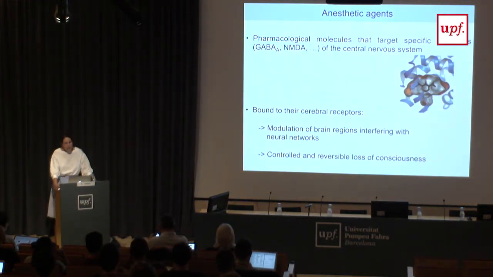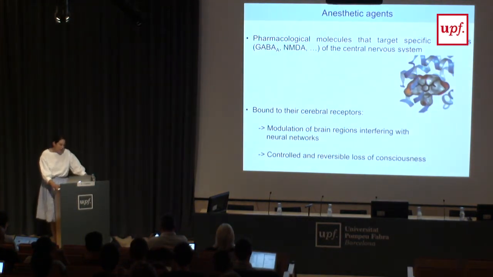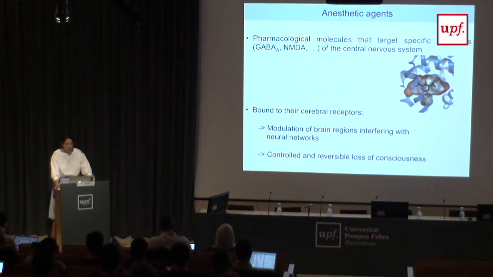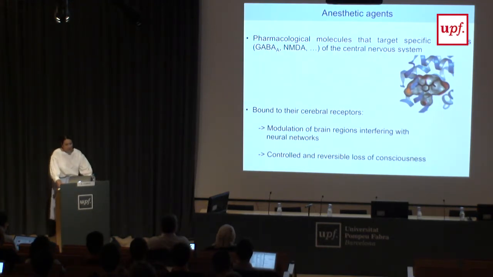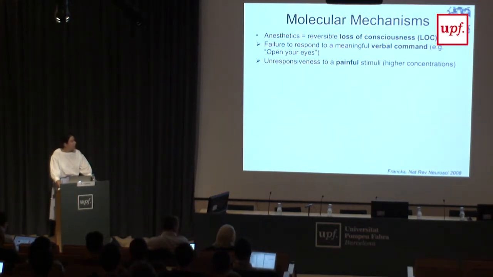What is quite well known is the molecular mechanisms of the anesthetics. So anesthetics are pharmacological agents who target specific receptors in the brain, and once they target these receptors, they induce the modulations of brain regions, and at the end you have an interference of neuronal networks, and at the end you lose consciousness.